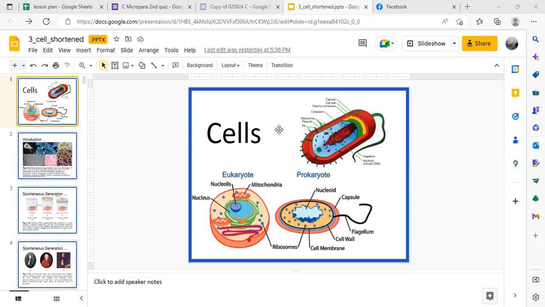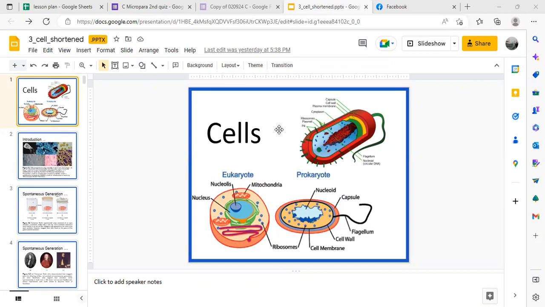You don't remember? Yes, Miss Bilason. Yung prokaryotic po, ano po siya? Bacteria. Tapos eukaryotic po, ano po siya? From plants, fungi, parasites, ganun po.